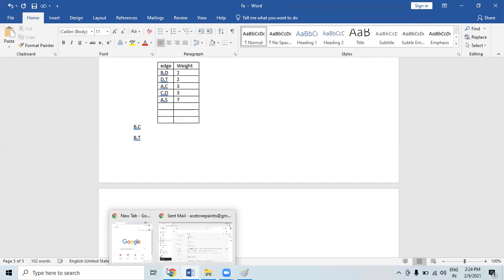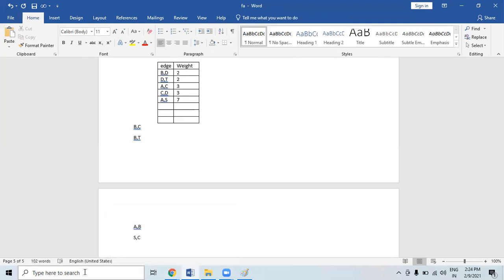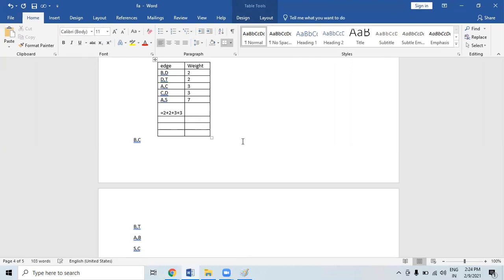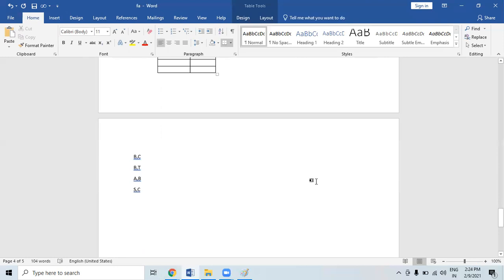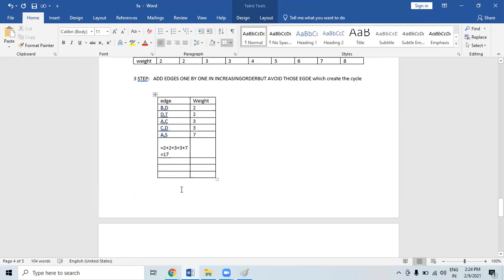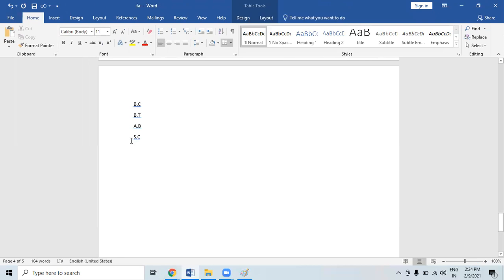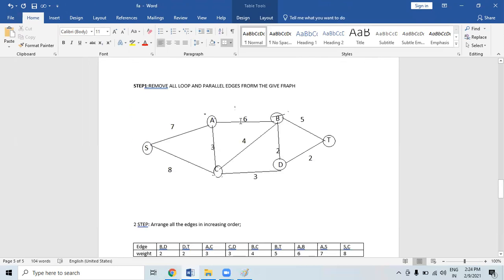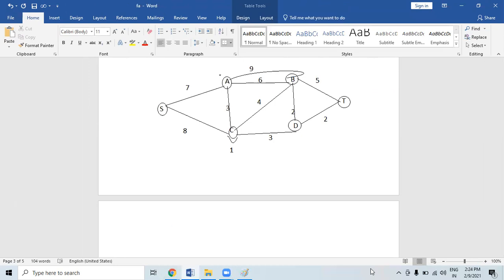We now have the minimum cost spanning tree having a cost equal to 2 plus 2 plus 3 plus 3 plus 7, which is equal to 17. We ignore the edges that form a cycle.